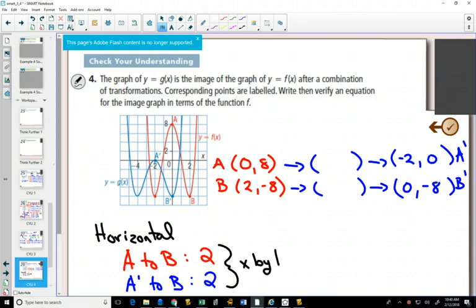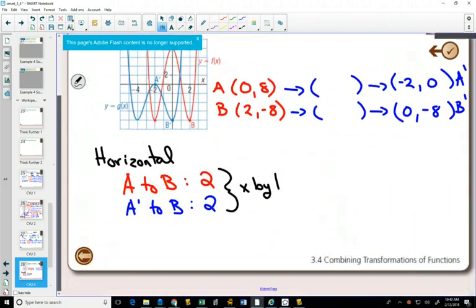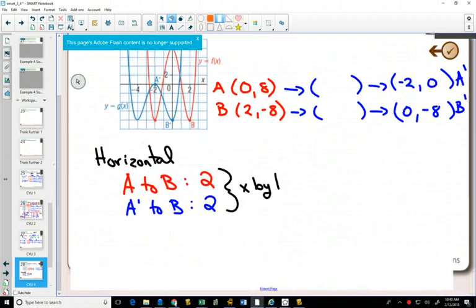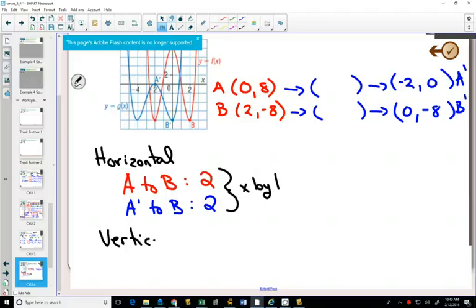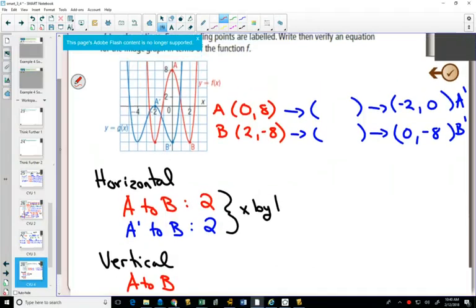However, when we look at what's happened vertically, when we look at A to B, we start at 8 and go down to -8. So we need to also show the signs here. That would be going down 16.